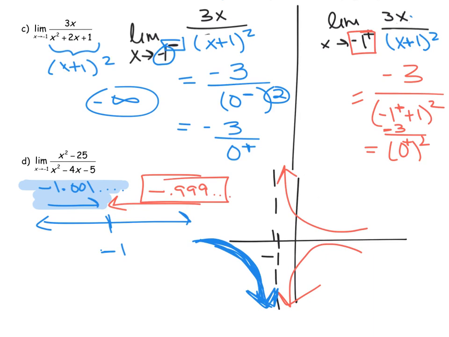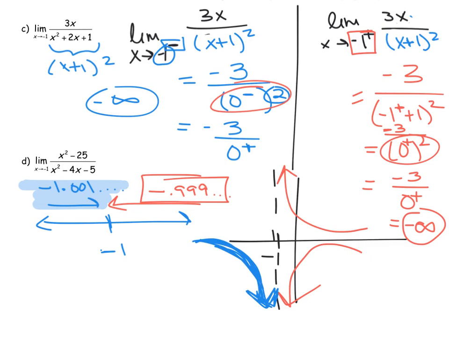And in this situation, guys, it actually didn't matter here or here, because whether this was a negative value close to 0 or a positive value close to 0, whenever you square it, it's going to be positive. So I'll have -3 over a positive 0, which again, a negative number divided by a positive number is negative. And because I'm dividing by 0, we're going towards -infinity.